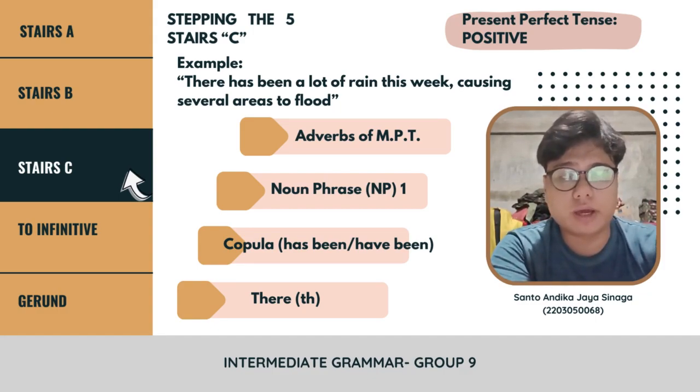The first step is there, then we put the copula, has been and have been, then we put the noun phrase one, and the last step is the adverb of MPT. The example of a positive sentence in present perfect tense sounds like this: there has been a lot of rain this week, causing several areas to flood.